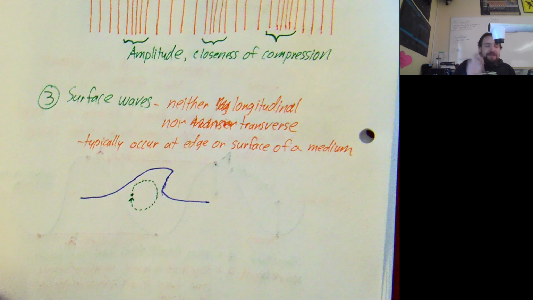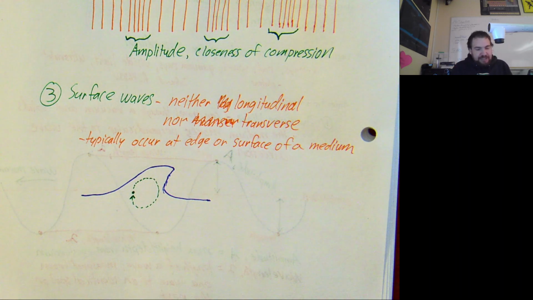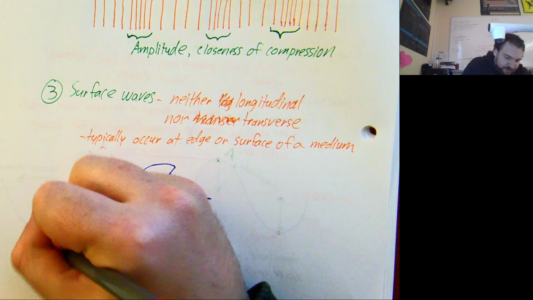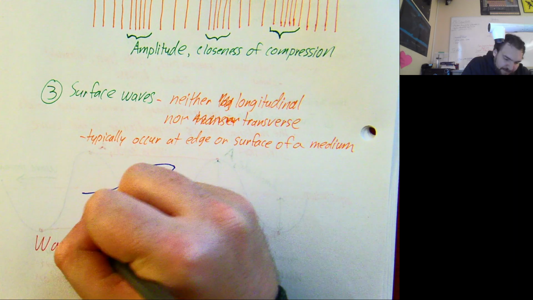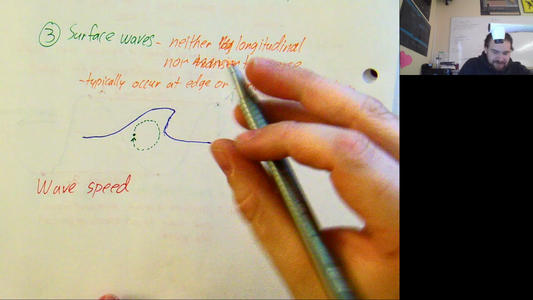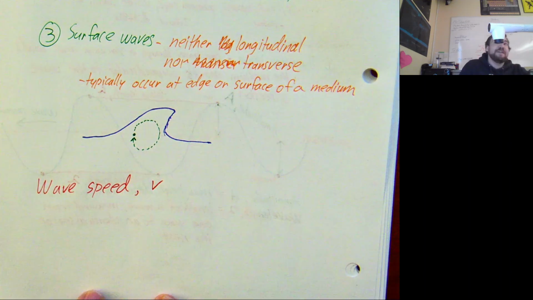The last concept here that I'm going to give you that I haven't yet, that relates to all of these different kinds of waves, is the speed at which waves travel. So wave speed is this last one we're going to talk about here. Wave speed is given to us by the letter V, exactly as you'd expect, V for velocity.